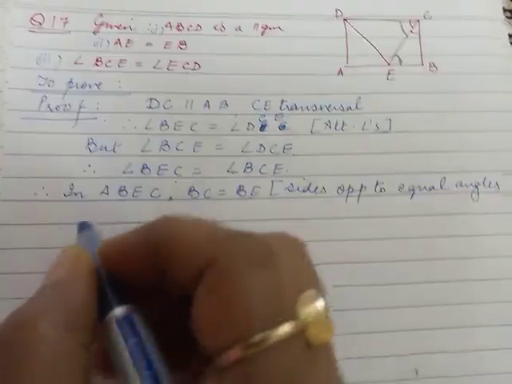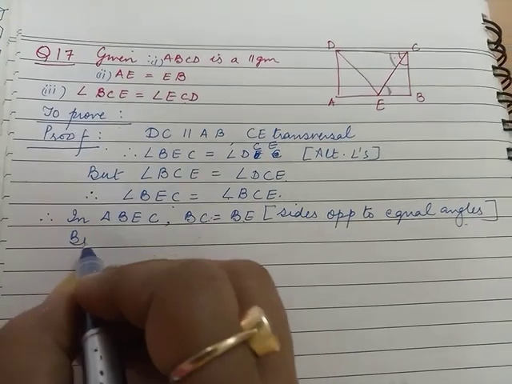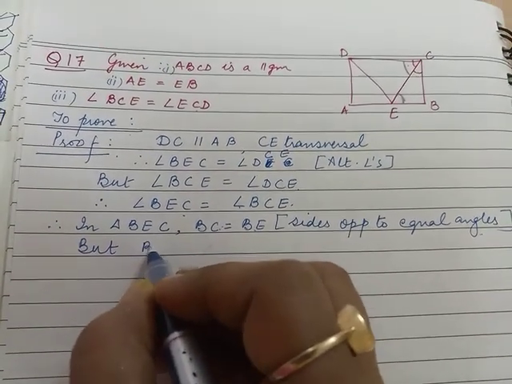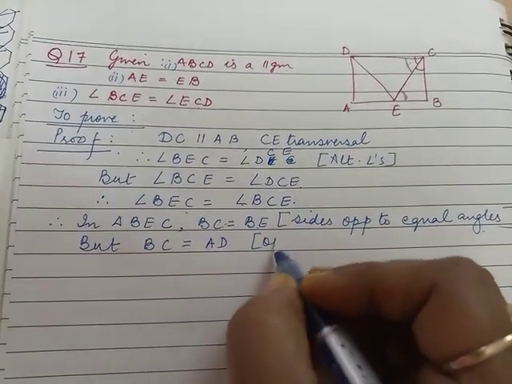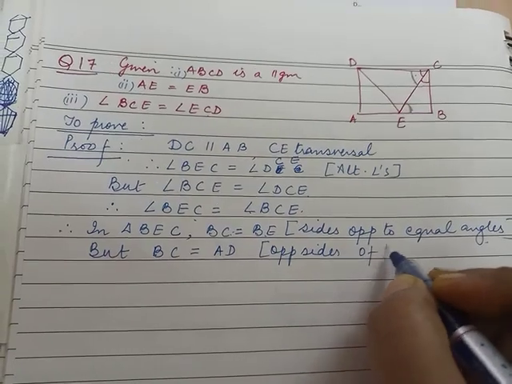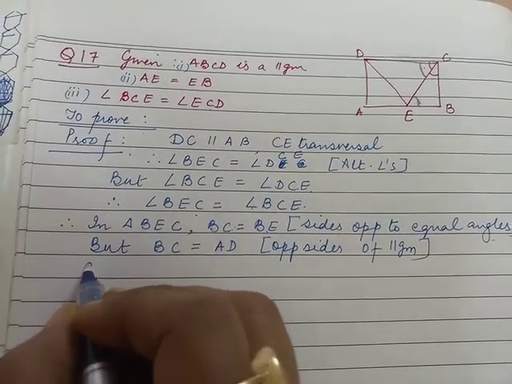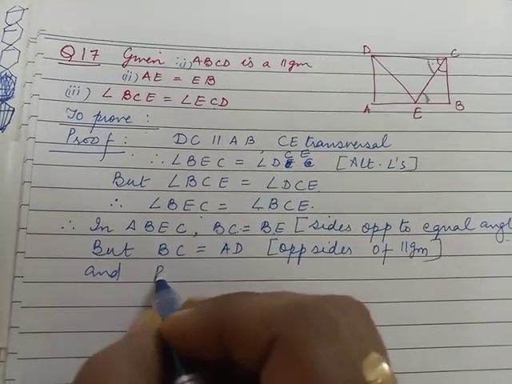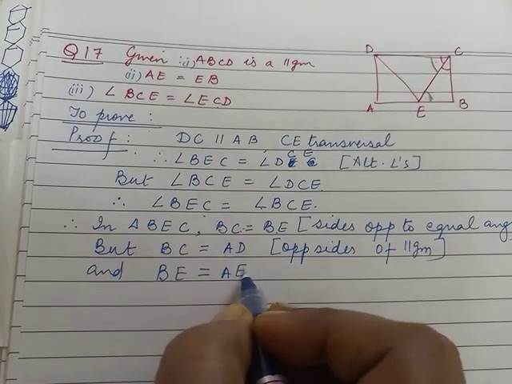So I write here, but BC is equal to AD. Reason, opposite sides of parallelogram, and BE is equal to AE.